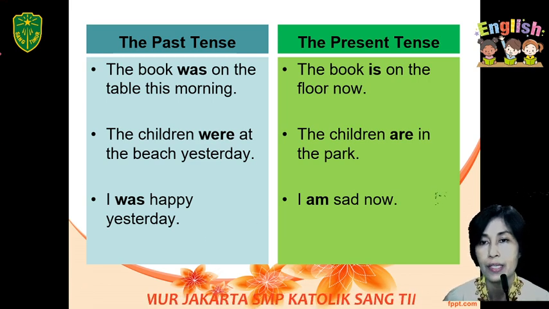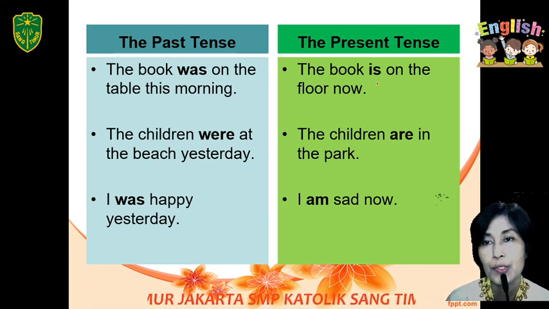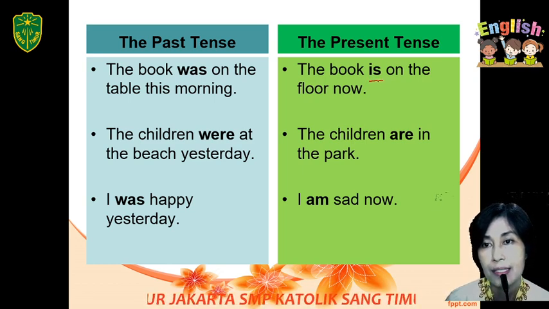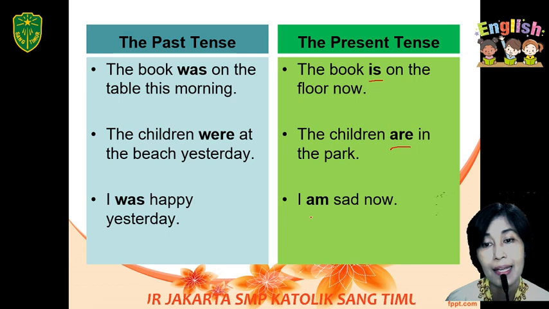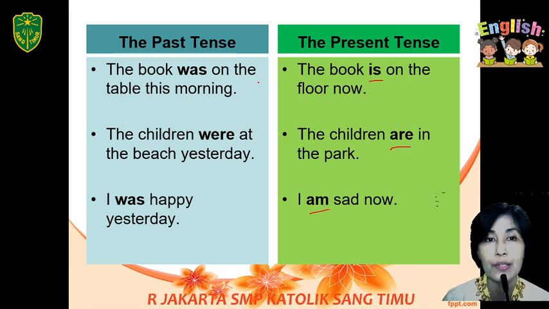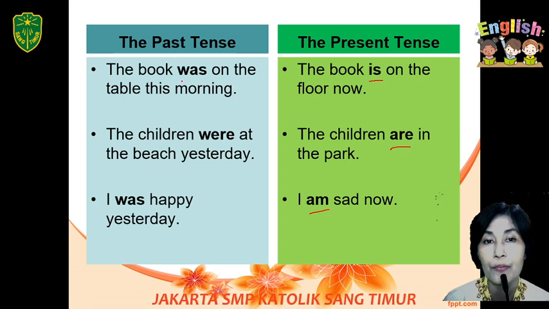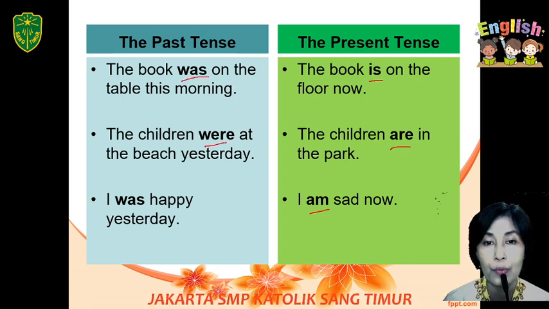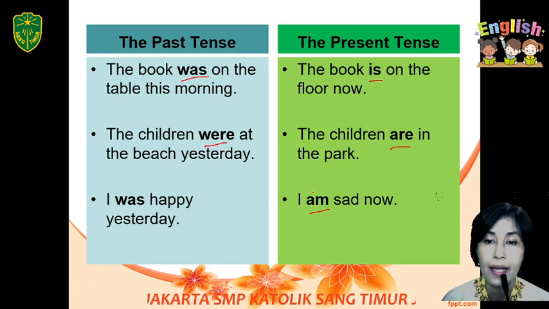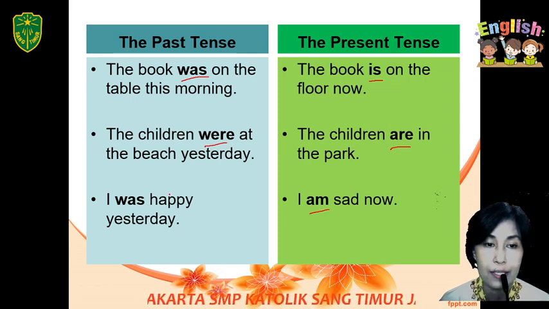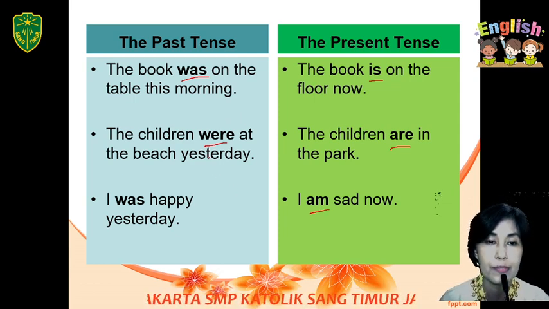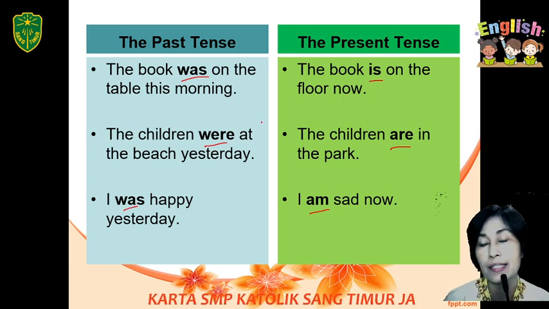Well, you see? So the to be in the present is, are, and am. And what do you have in the past tense? Good. We have was and then were. Am becomes was. Like this.